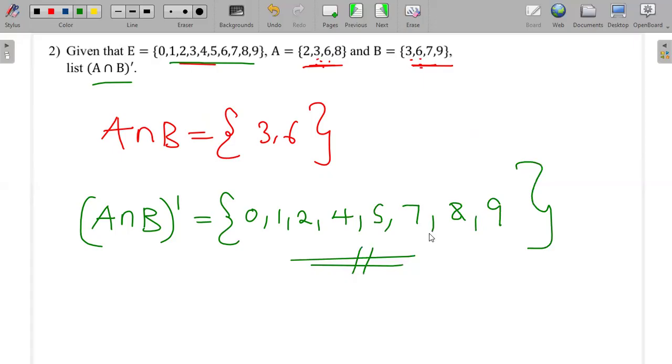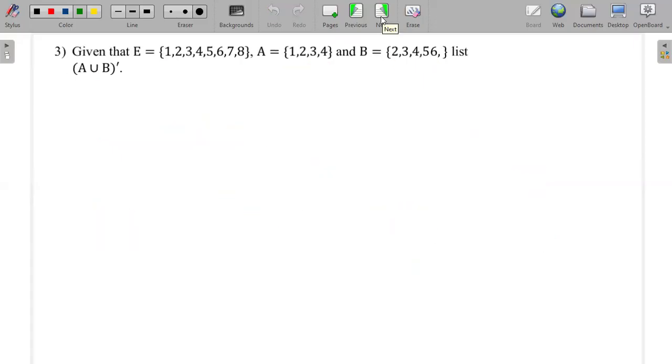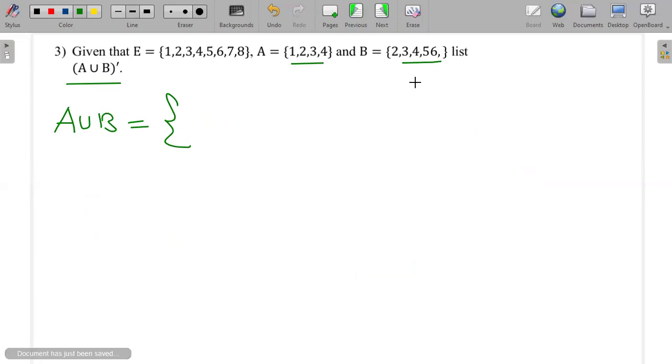Next, we are going to look at question 3, okay, which is similar to question 1. So here they're saying we list A union B complement. So first of all, we are going to find A union B. So A union B simply means we combine all the elements in set A and B without repeating any that is appearing in both sets.